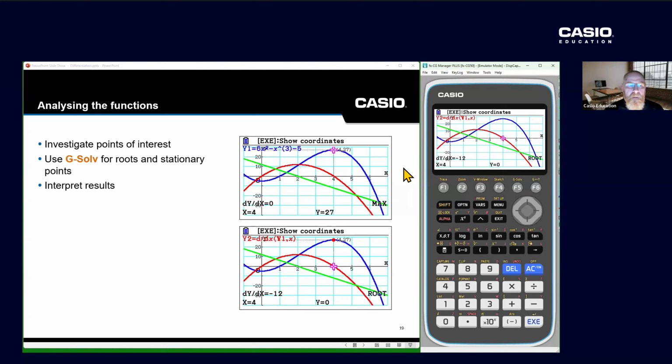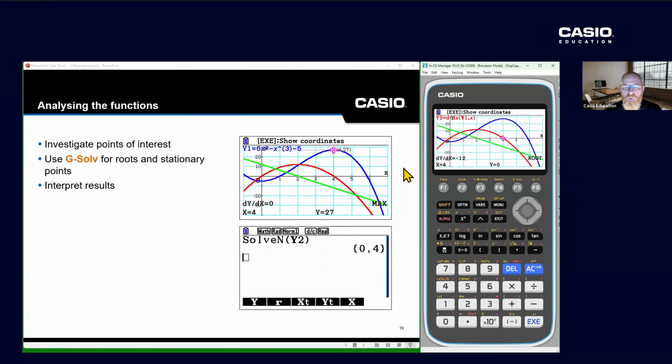Okay. So that's interpreting the results. You could, of course, say when is my second function, which is the derivative of my position function, when is that equal to 0? So you could approach it numerically. So that would be solve n.